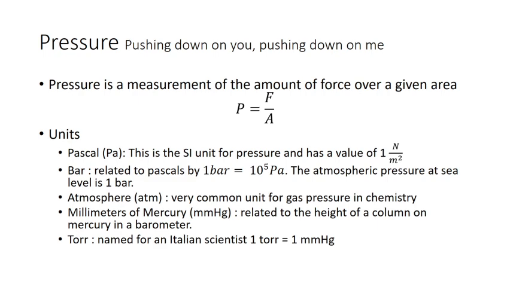Atmospheres, that's another really common one. This is very common for gas pressure in chemistry. There's also millimeters of mercury, and this is related to the height of a column on a mercury barometer. And then torr, named for an Italian scientist, and 1 torr is equal to 1 millimeter of mercury.